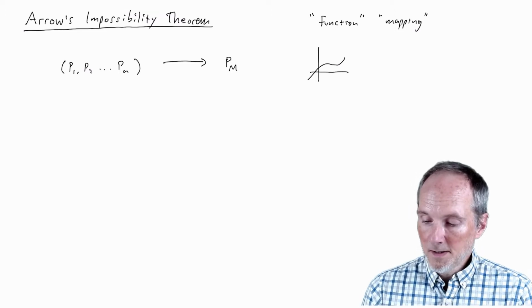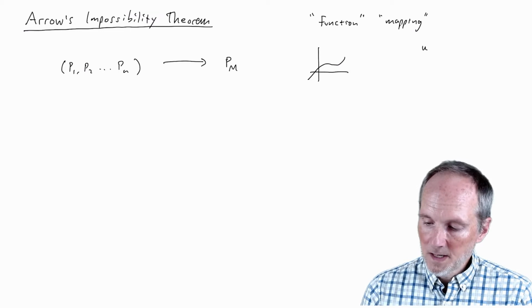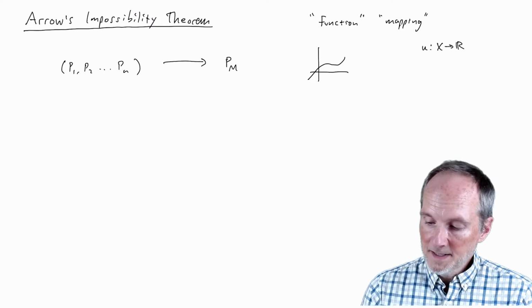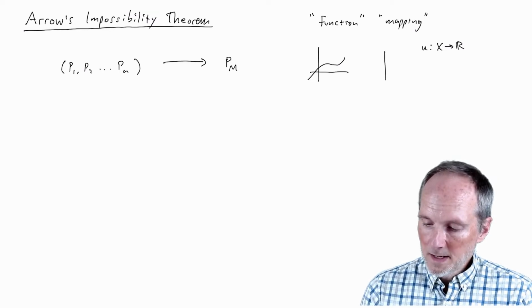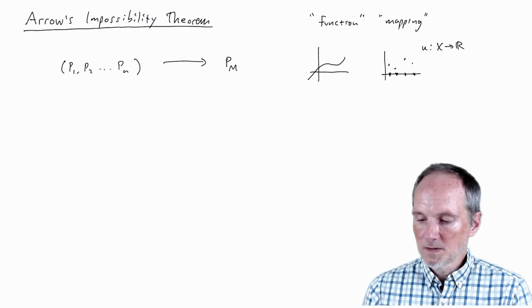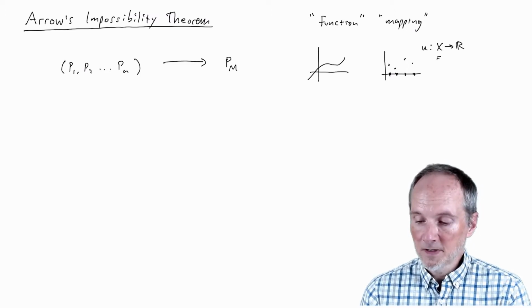We also talked about a utility function or representation as assigning a number to each alternative, and even if those alternatives weren't real numbers, we could still plot the utilities of those alternatives. In that case, X was just some finite set. That was the domain of the function.